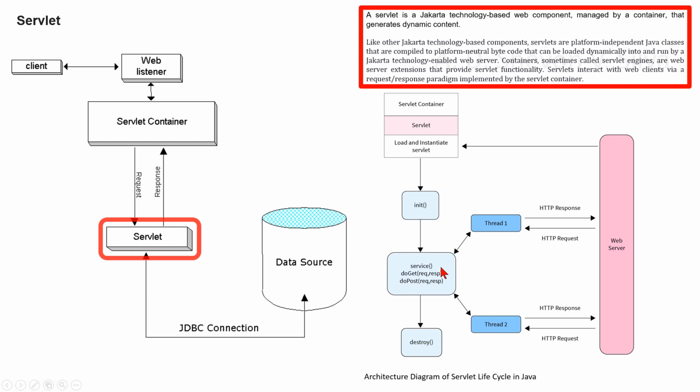Any request refused by the container during this period must be returned with the SC_SERVICE_UNAVAILABLE 503 response status along with a Retry-After header indicating when the unavailability will terminate. The container may choose to ignore the distinction between permanent and temporary unavailability and treat all UnavailableExceptions as permanent, thereby removing a servlet that throws any UnavailableException from service.